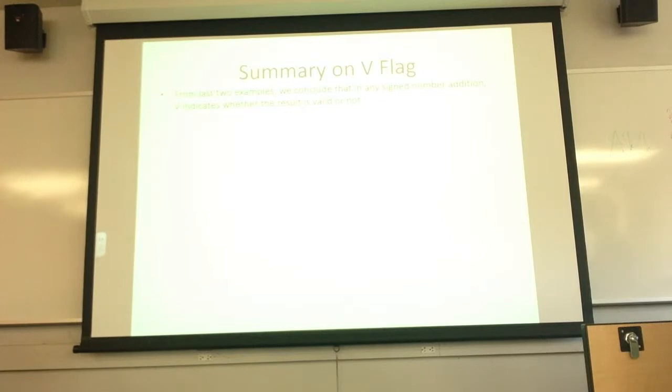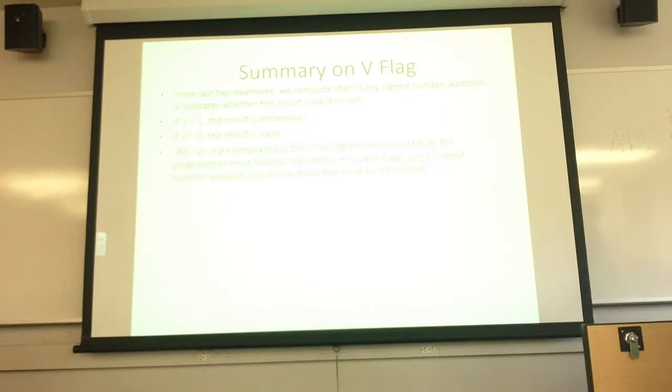All right, the summary, as we saw in the last examples: in any signed number addition, the V flag indicates whether the result is good or bad. So you just have to test the V flag. If V equals 1, it's erroneous. You have to extend it to 16 bits or go to higher multi-bit precision. If it's 0, everything's great.